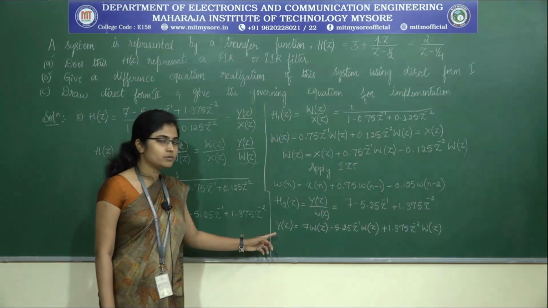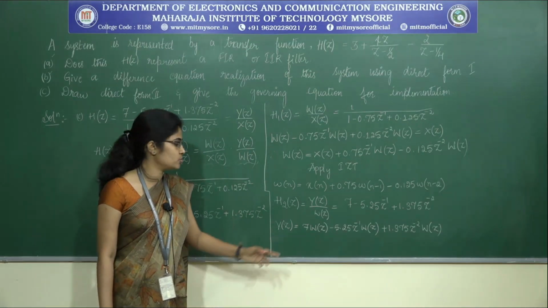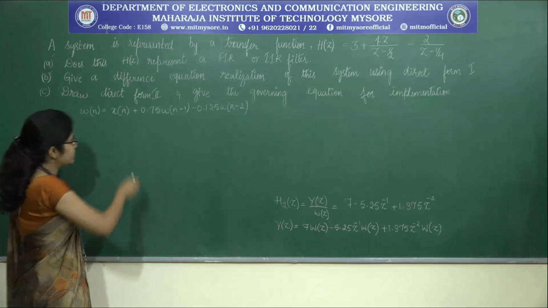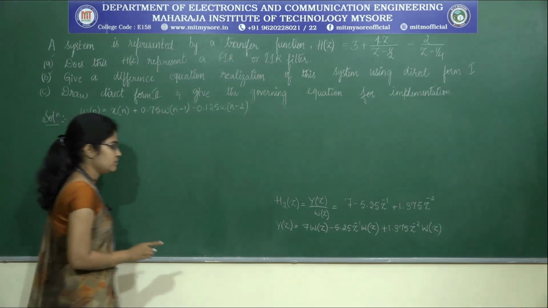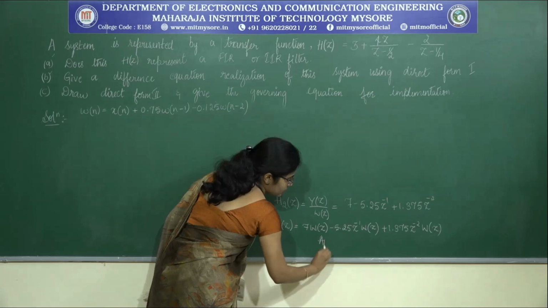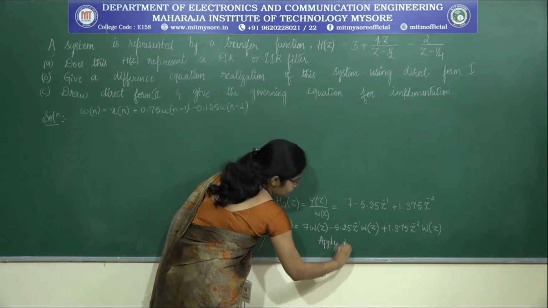So, in order to find out the expression for y of n, what we should do? I need to apply inverse z transform to this expression. I have written the previous difference equation. Now, to this I need to apply inverse z transform.